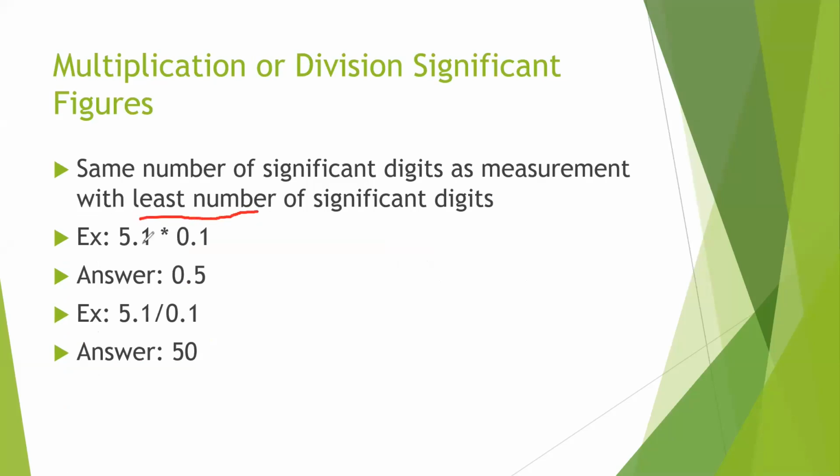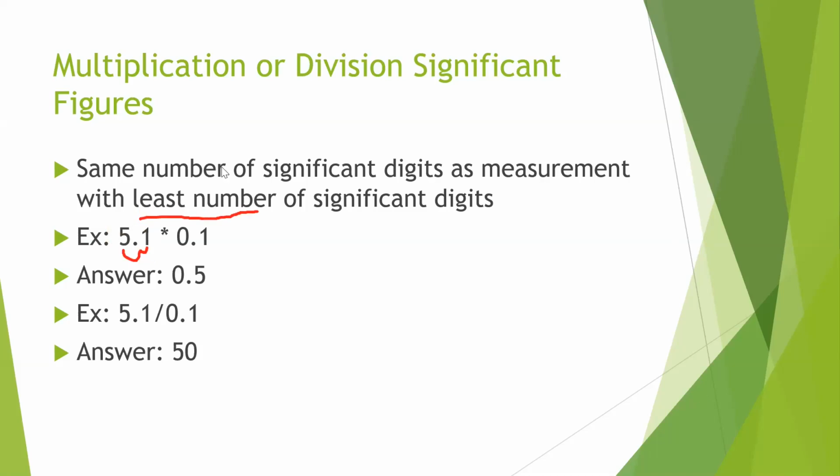So first, for the two questions, you're going to have to realize how many significant figures are in each. How many significant digits are in the first one, 5.1? Can you please answer it in the chat? Yep. And how about the second one? Yep. There's 2 in the first one and 1 in the second.